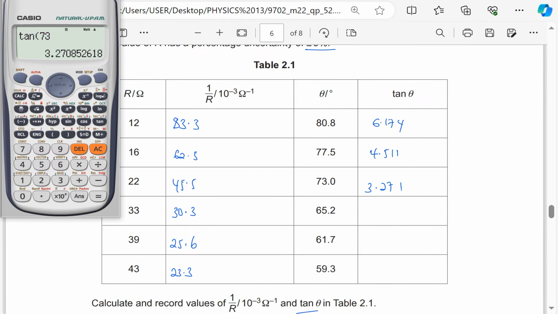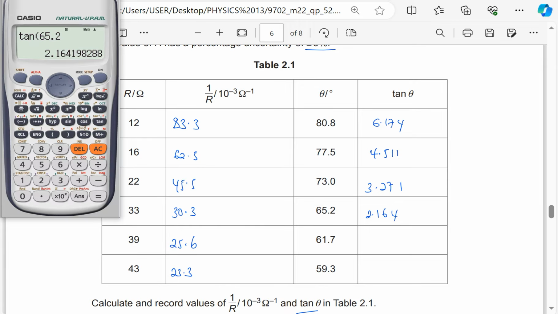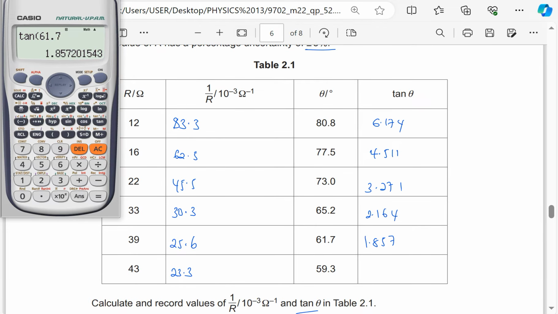Then I have tan of 65.2, 2.164. I have tan of 61.7, 1.857. And last I have tan of 59.3, 1.684.